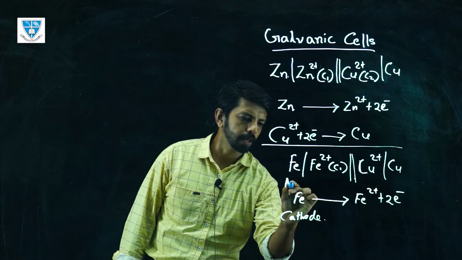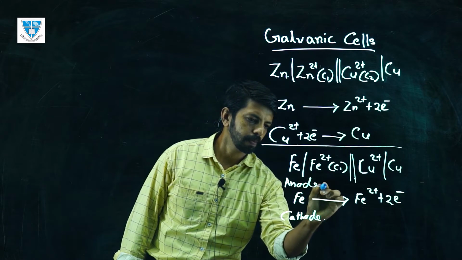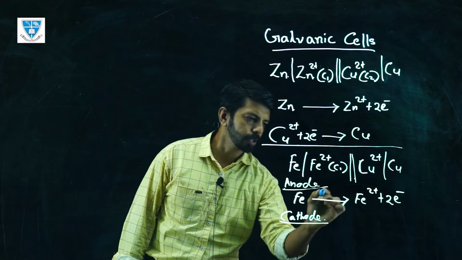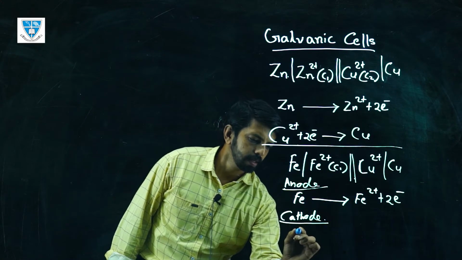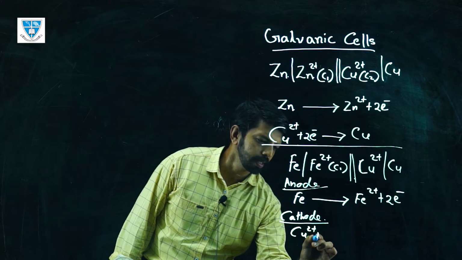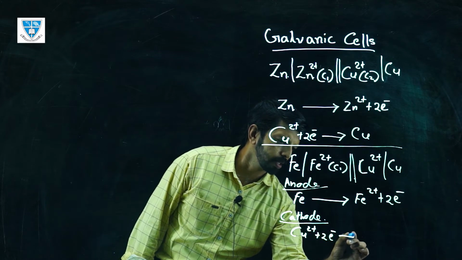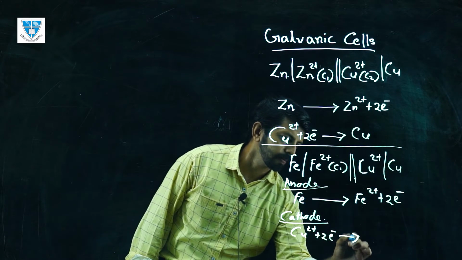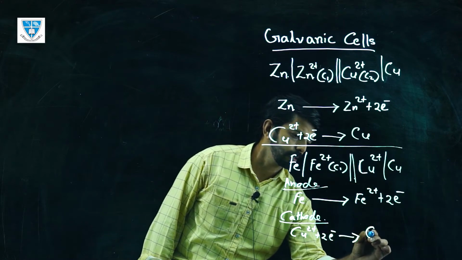So this is the anode reaction. Then this is the cathode reaction, that is Cu2+ plus 2 electrons gives Cu.